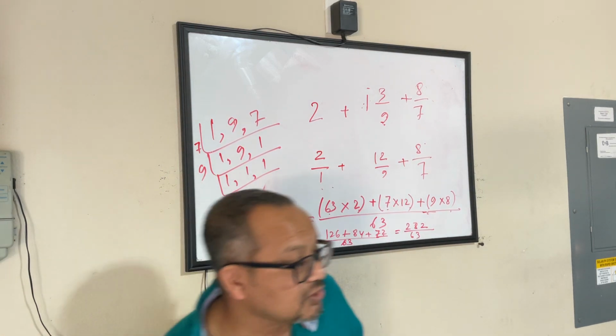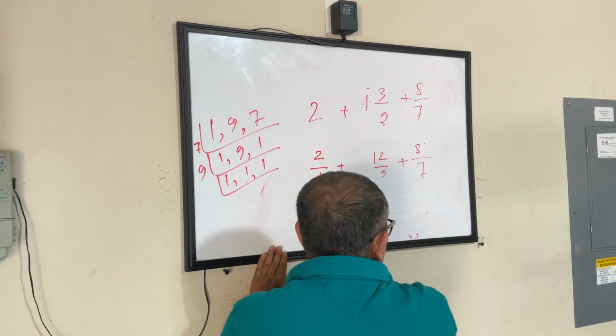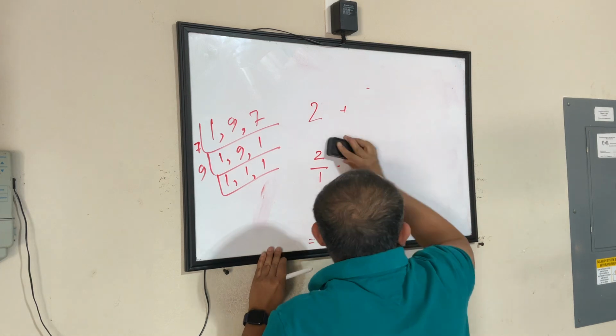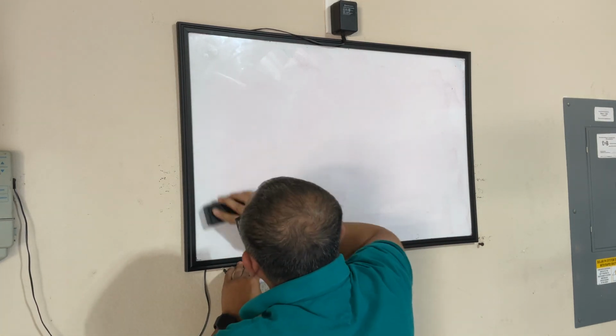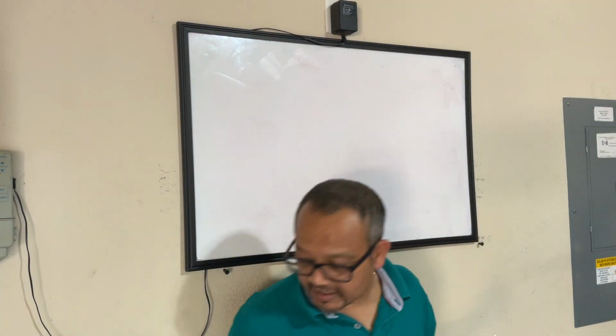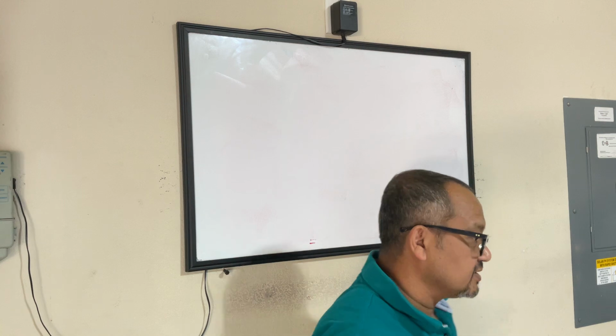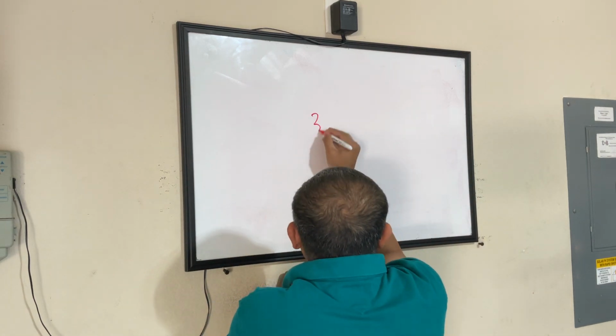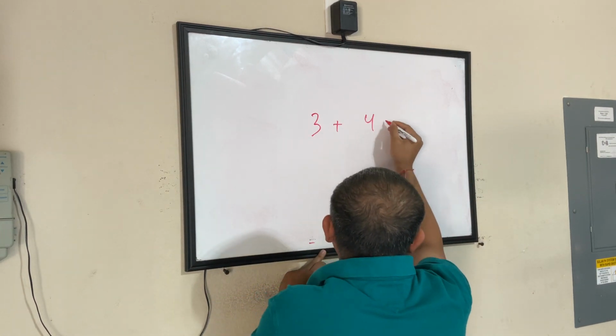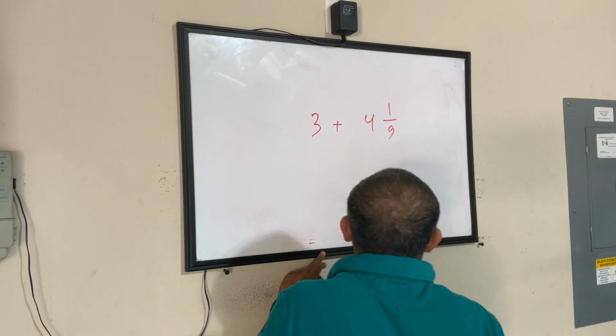Now, let me show you guys something interesting. This is a common sense problem, okay? Whoever wants to use common sense would be able to solve this real quick. Let's say I say 3 plus 4 1 by 9.